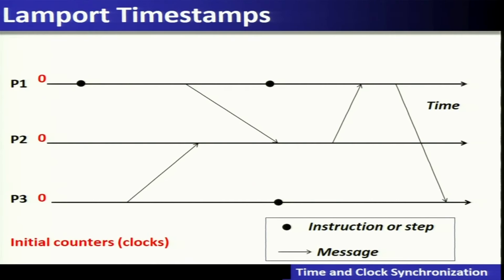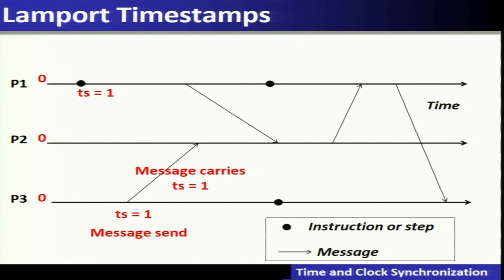Take this example where initially all three clock values are 0. The timestamp of the first internal event is TS1, and here TS1 at P3 is the send of an event. When this message is received at P2, it carries the timestamp of P3 as 1.